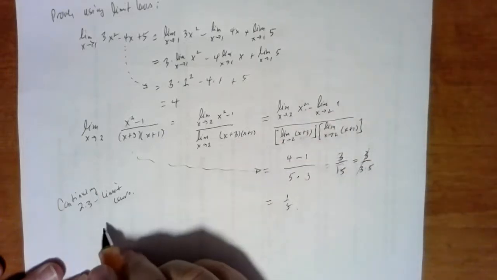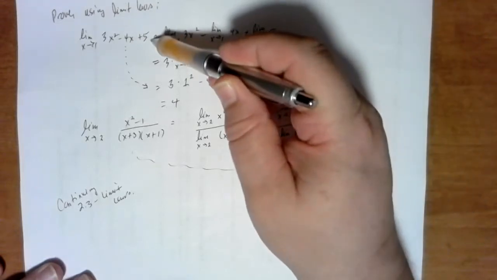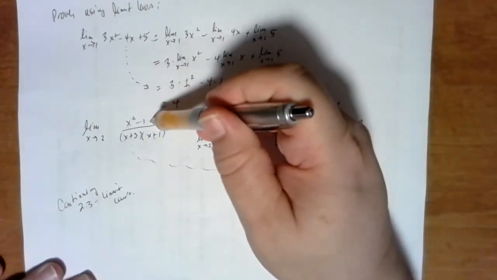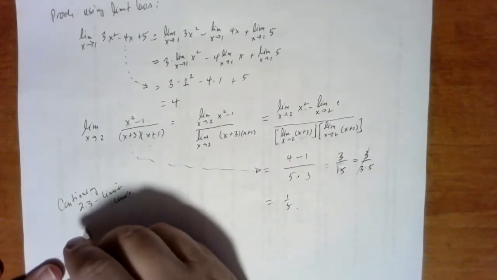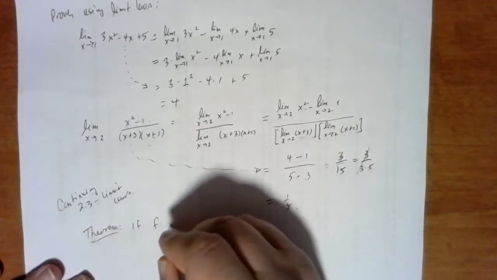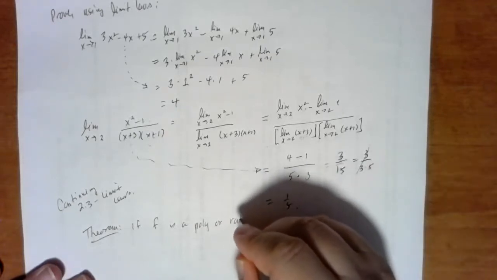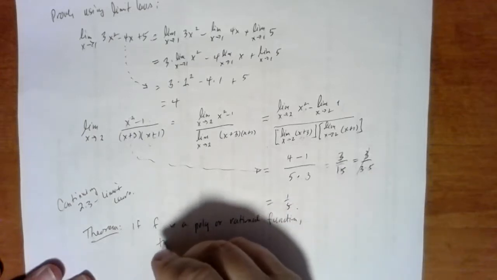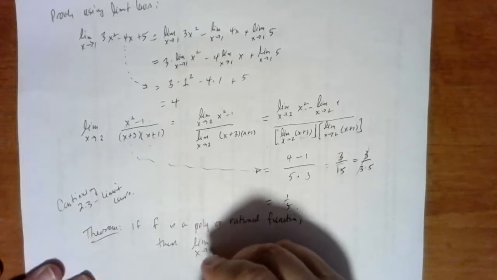Now you'll notice that when we have nice functions like polynomials or rational functions, remember that a rational function is a polynomial divided by a polynomial, then we're going to write down a theorem. If f is a polynomial or a rational function, then take the limit as x approaches a of f of x.